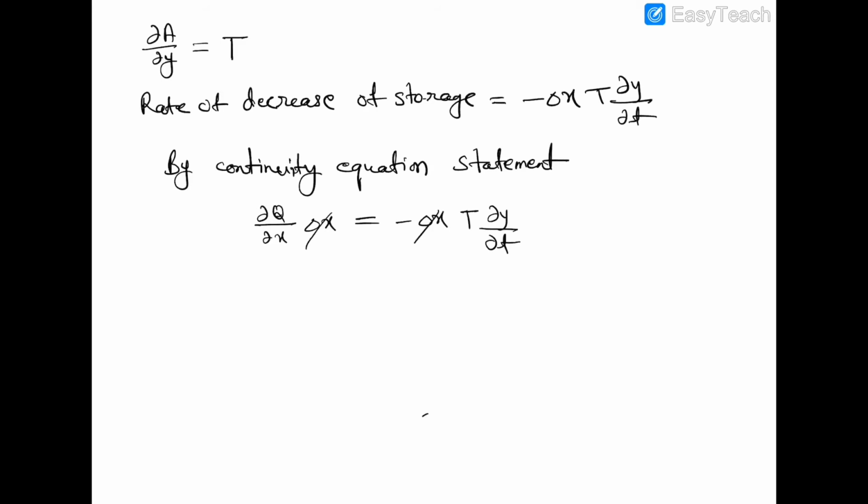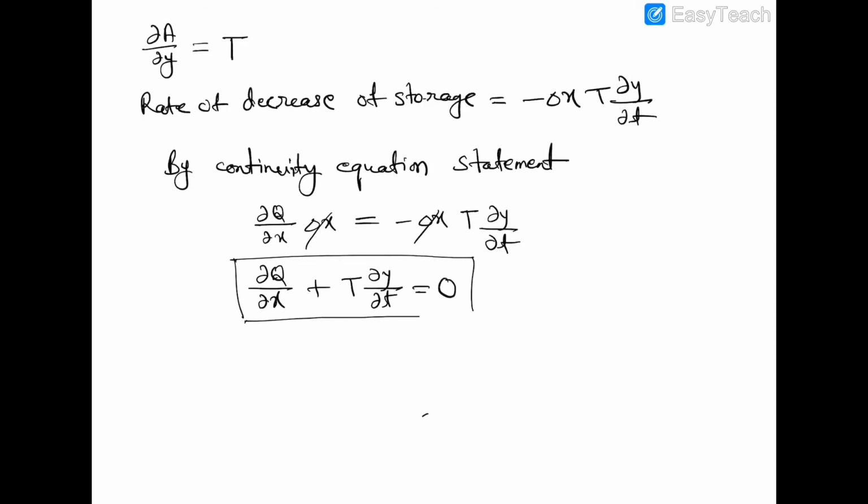So delta x will cancel out. So the final equation of continuity in case of unsteady flow will come out to be dou Q upon dou x plus T dou y upon dou t is equal to 0. So this is the final continuity equation in case of unsteady flow. Remember, this continuity equation is valid for prismatic as well as non-prismatic channels.